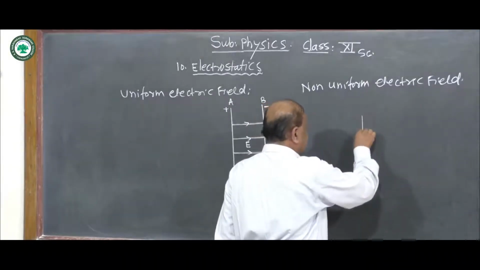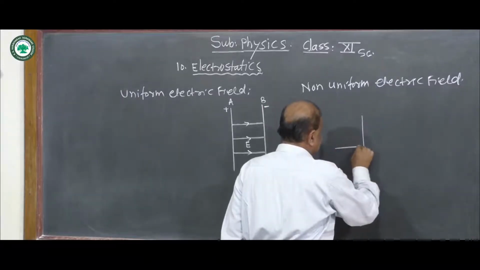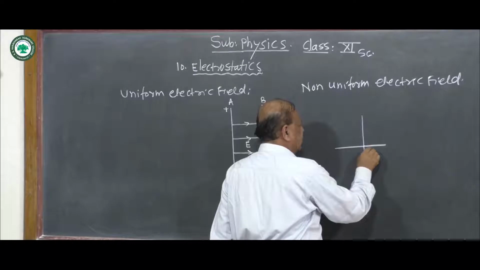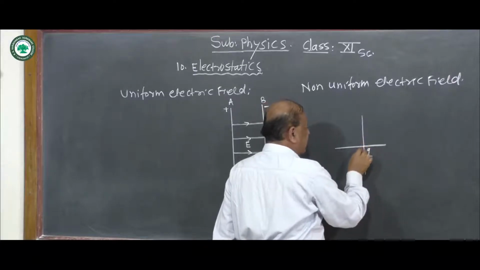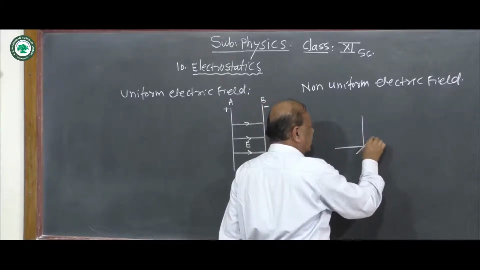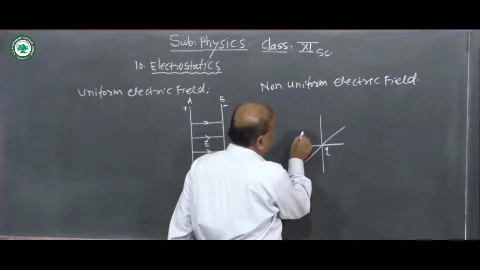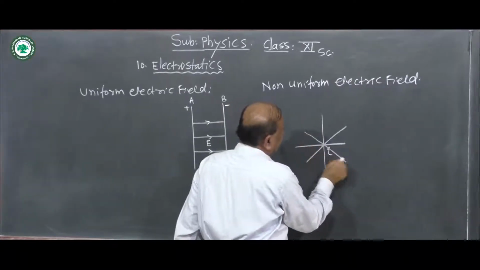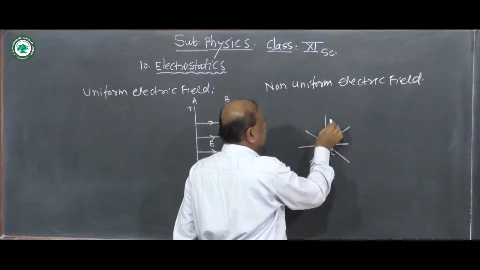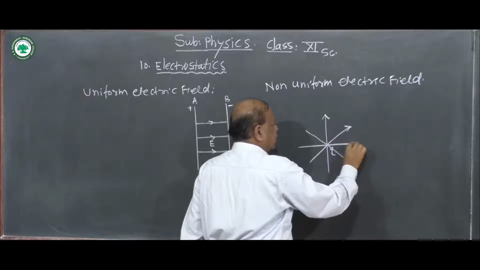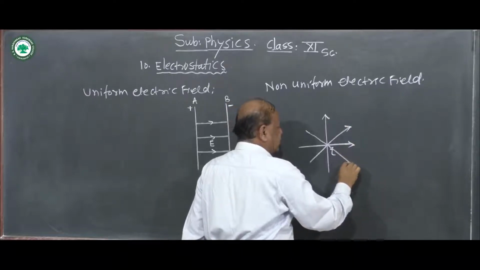Now consider the point charge Q situated here, and the direction and magnitudes of these fields are like this. Here the magnitudes are the same but the directions are not the same.